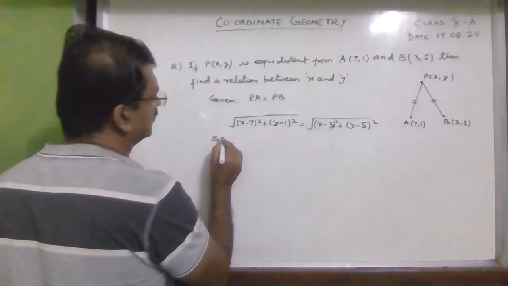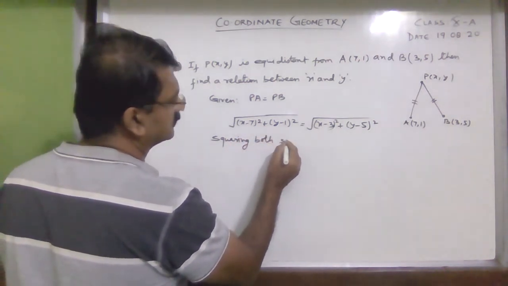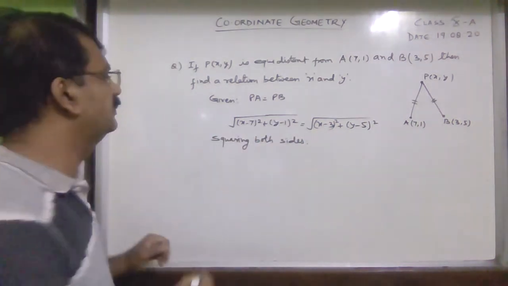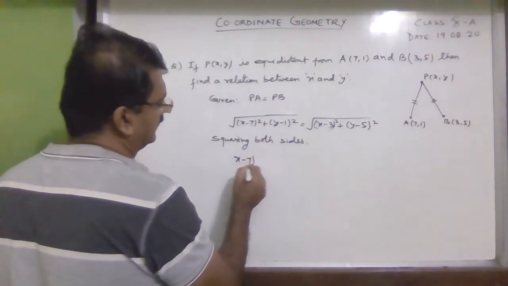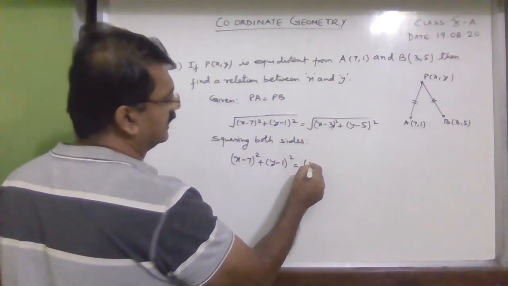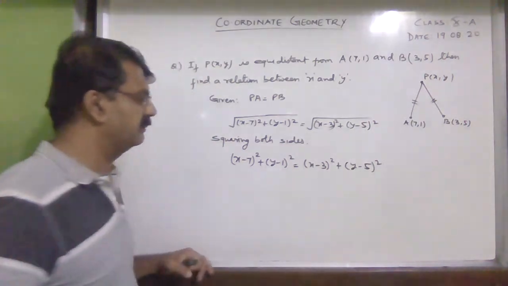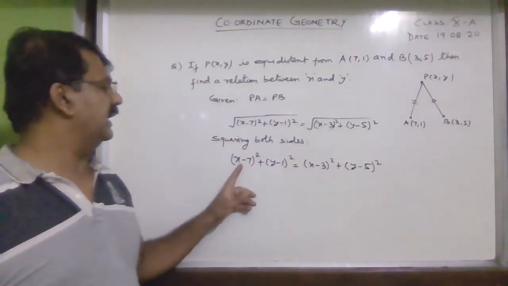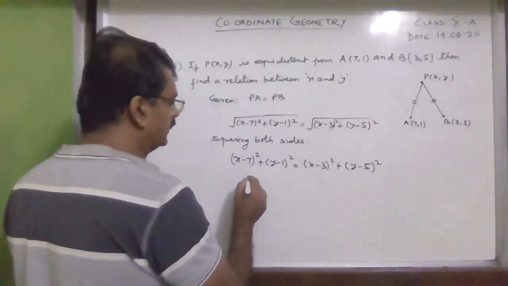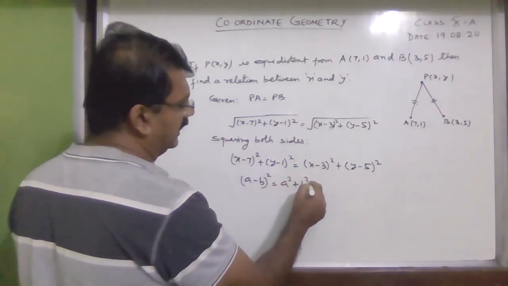Squaring both sides, the square roots will be removed. So we will have x minus 7 square plus y minus 1 square is equal to x minus 3 square plus y minus 5 square. Now here, in all these four we will apply the formula a minus b whole square. All of you know that a minus b whole square is a square plus b square minus 2ab.